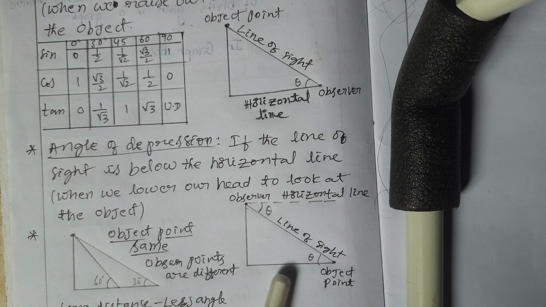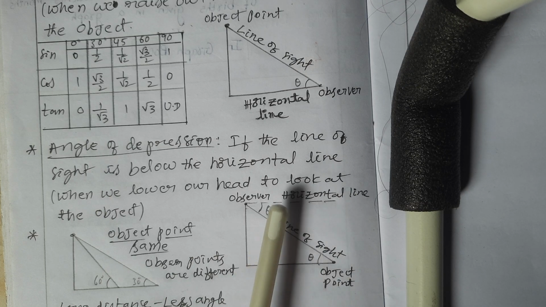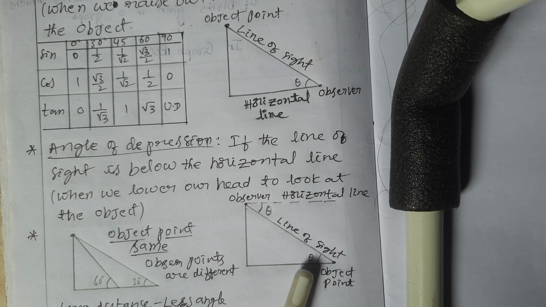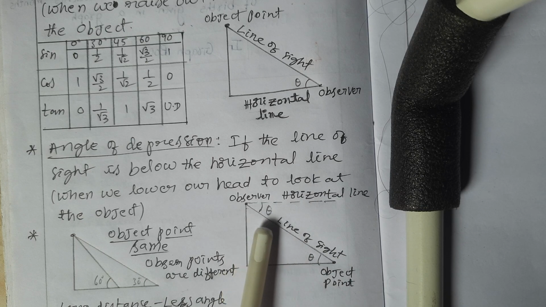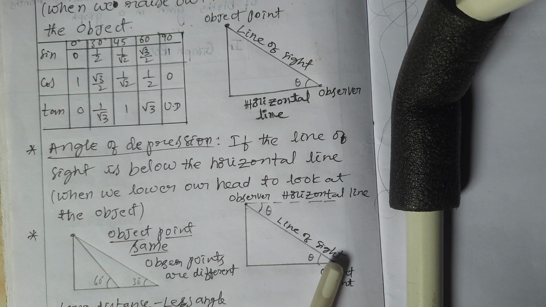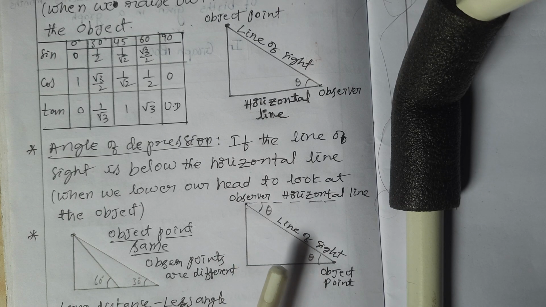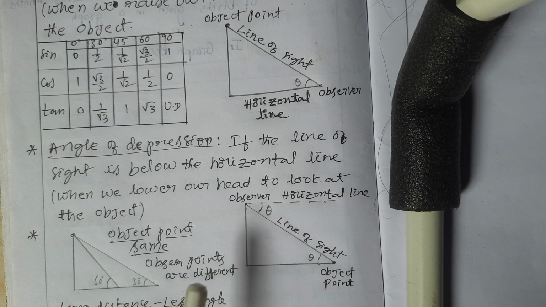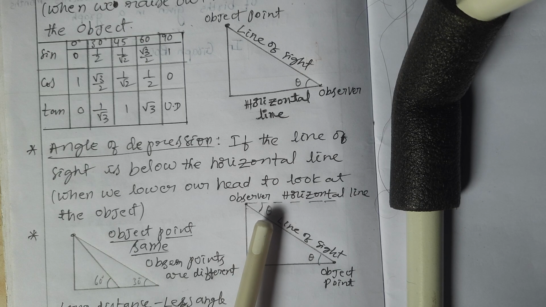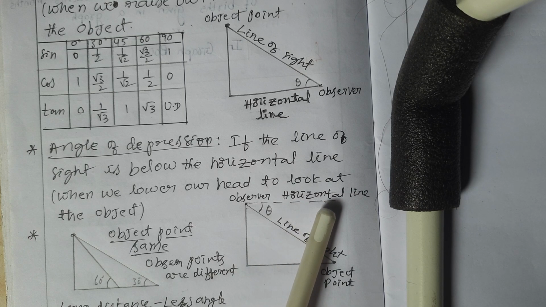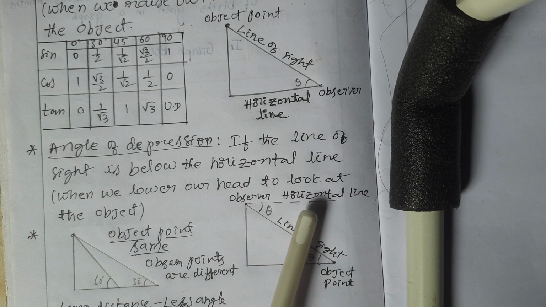You might have observed this is also a horizontal line. Of course these are parallel lines, and the line of sight acts as a transversal, so alternate interior angles are the same. While doing the sums, we take only this triangle, but we should treat the horizontal as the dotted line I drew.